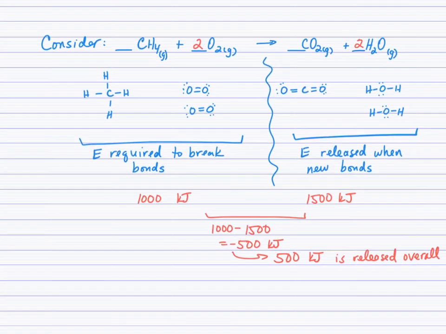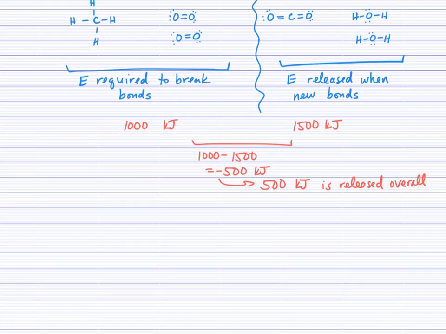And so what we've just shown here is that when energy is being released overall, that's considered an exothermic reaction. Because remember the form that we just wrote, that when reactants convert to products and energy is being released, energy is on the product side, then it's an exothermic reaction.